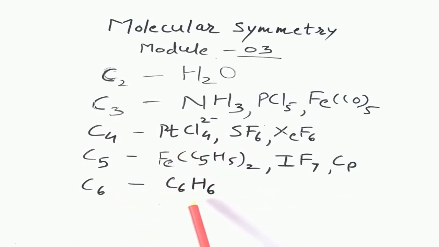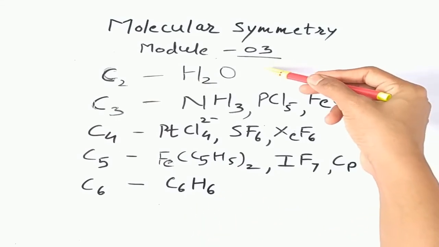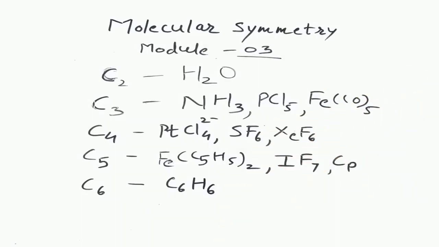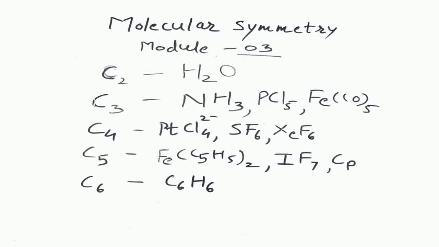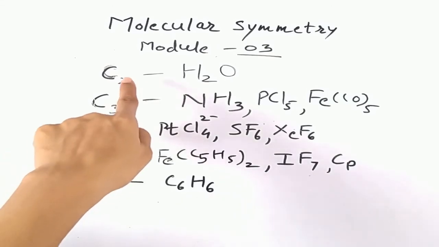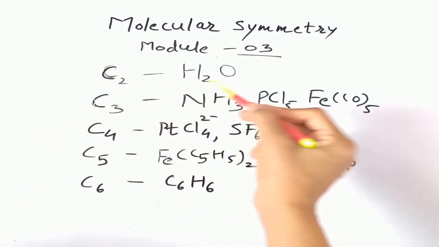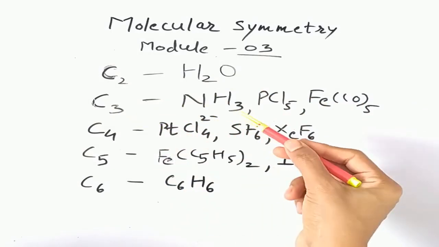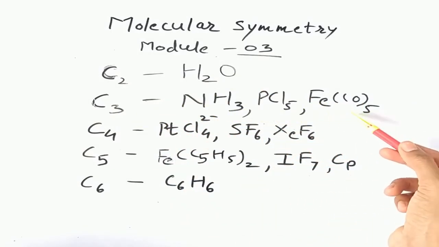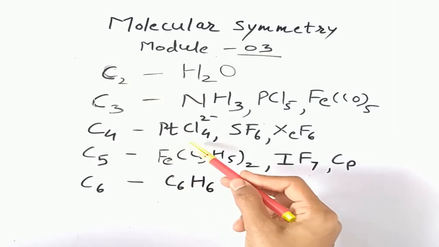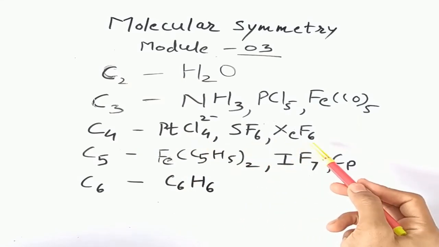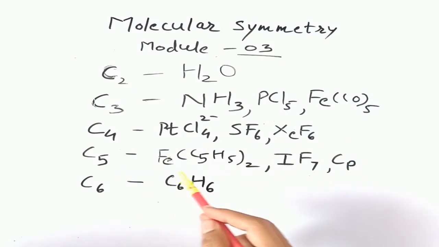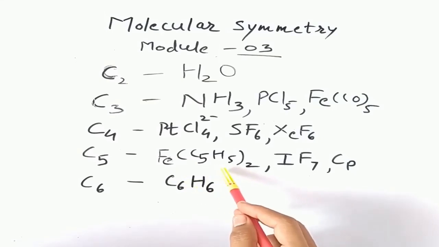C6 is the principal axis for C6H6, that is benzene. So by operating on these molecules, try to find out the rotational or principal axis. I have given you the answer already: C2 is present in water, C3 is present in ammonia, PCl5, Fe(CO)5, C4 is present in PtCl4, SF6, XeF6, C5 is present in Fe(C5H5)2.